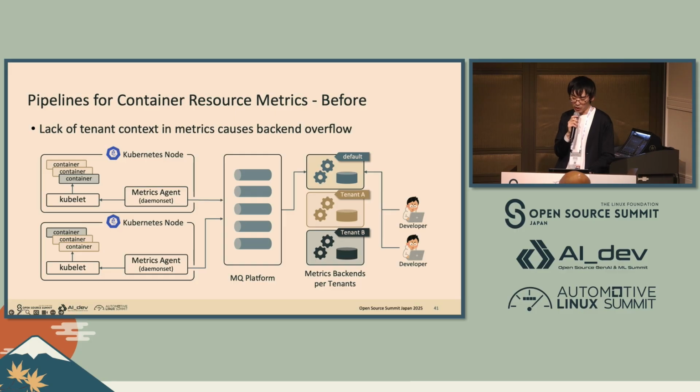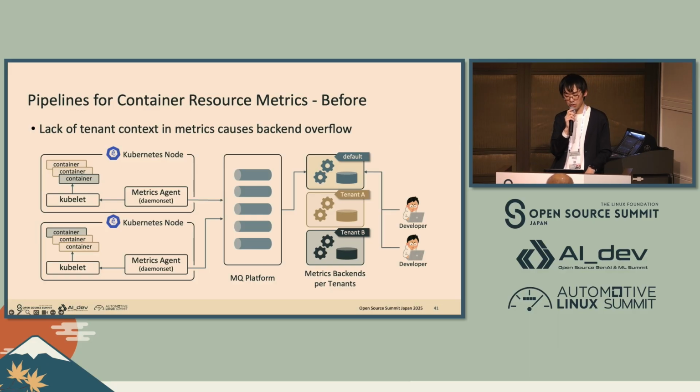This slide figures out a pipeline for container resource metrics such as CPU and memory usage. Each agent accesses the kubelet on the same node to collect metrics, then sends them to the backend through the message queue.